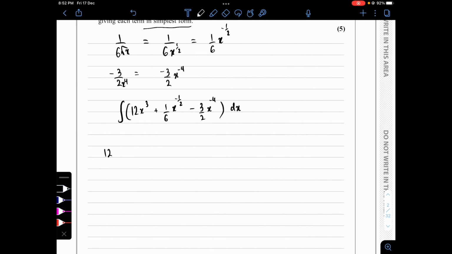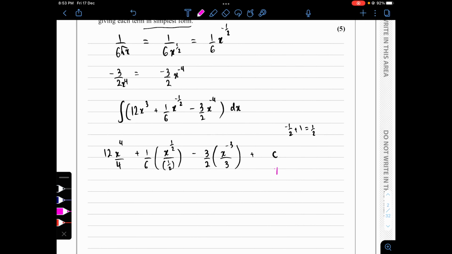So 12 x to the power of 4, since 2 plus 1 is 3, wait, x squared plus 1 gives 3, so 12 x cubed over 3, plus we keep the 1 over 6 as it is, multiplied by x to the power of minus a half plus 1, which is a half, and we also divide by a half. Then minus 3 over 2 times x to the power of minus 4 plus 1, which becomes minus 3, divided by minus 3, plus c.